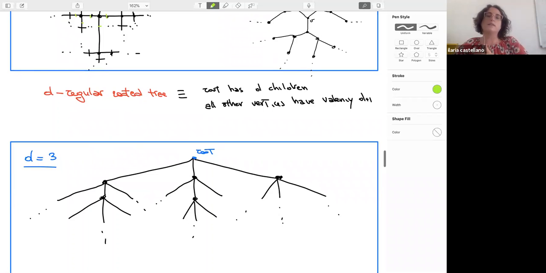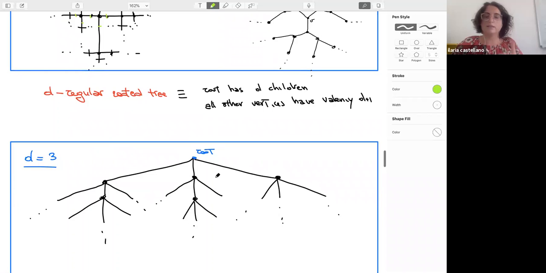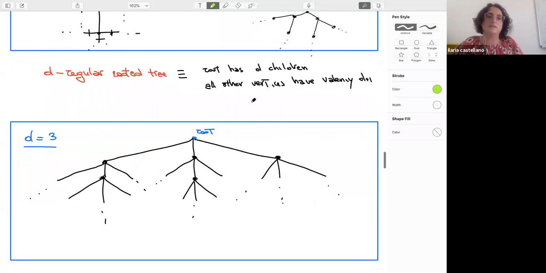But then, of course, the valency for vertices that are not the root is 4, because you have the root or the previous vertex as the +1. So this is why you have this distinction between the root and all the other vertices. So in some sense, this convention, d-regular, means the number of children. So if d is equal to 3, you have to draw the tree in such a way that the number of children is equal to d. Okay.